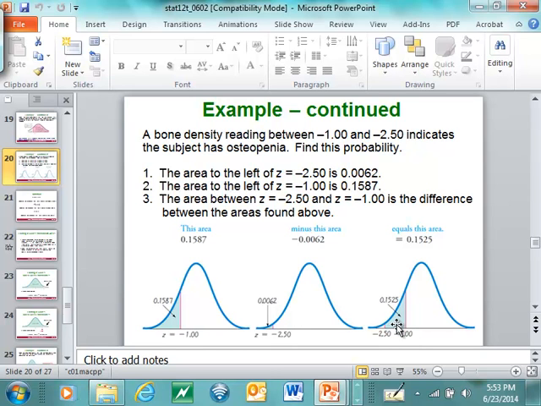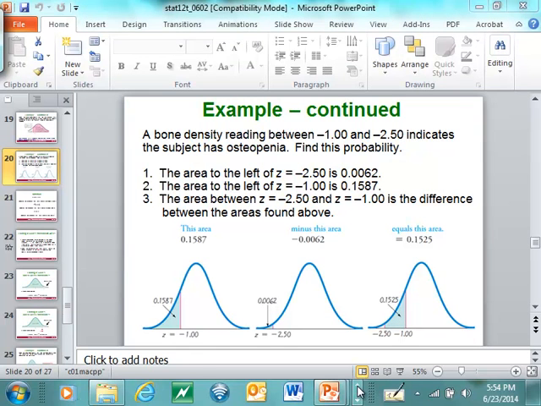So the probability that if you were to randomly select an adult, give them a bone density test, the probability that they have a z-score between negative 1.00 and negative 2.50 is 0.1525, at least using the scores from the table. Let's see how we do it on the calculator.